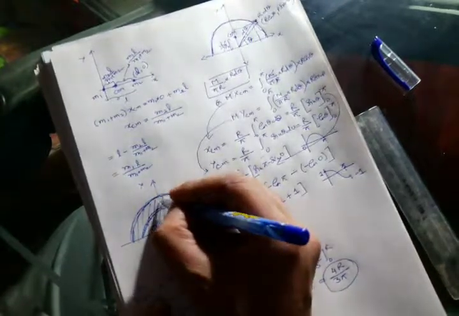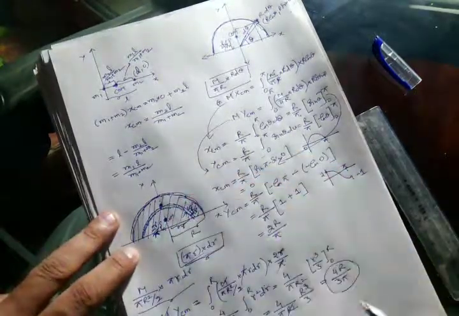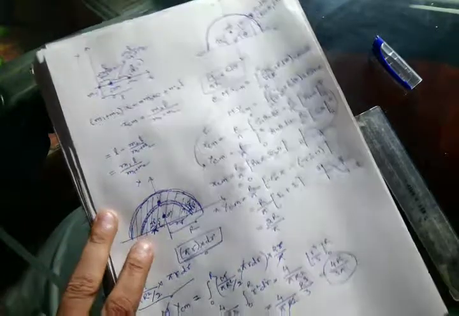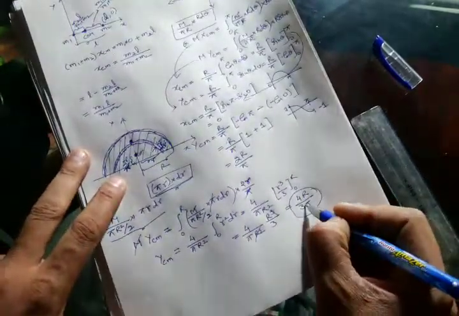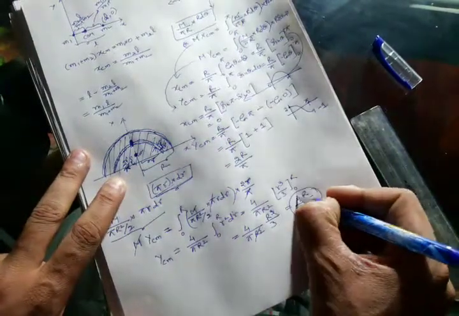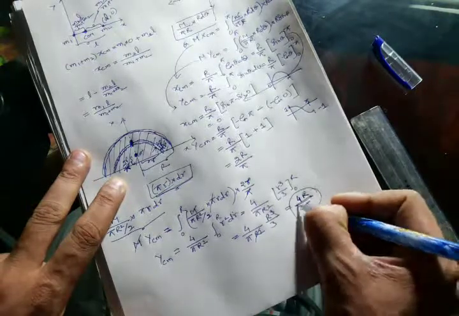So somewhere on this y-axis only, this is the center of mass. So somewhere here the center of mass of this semicircular plate will be 4r over 3 pi.